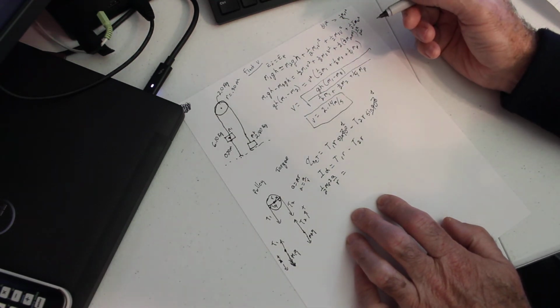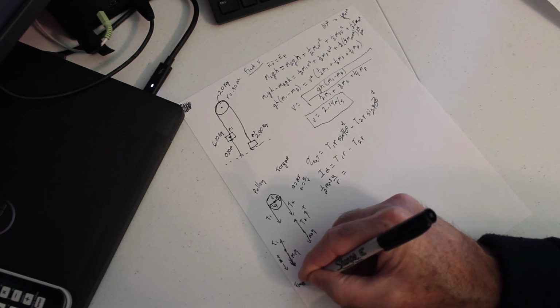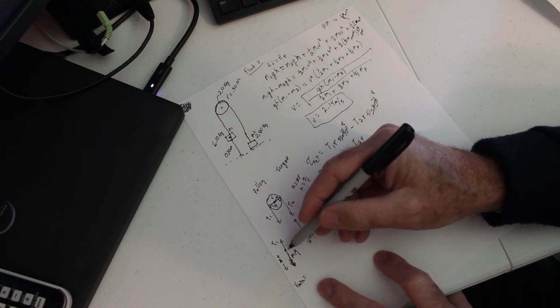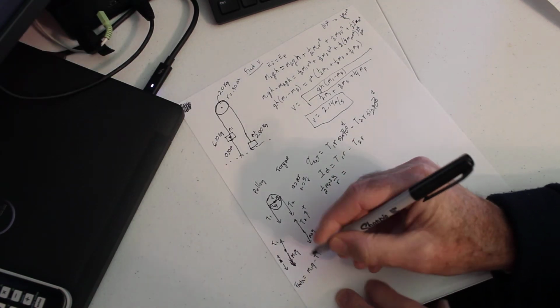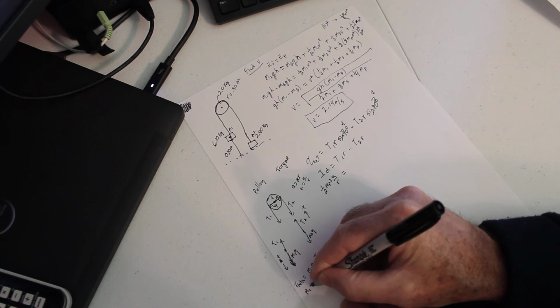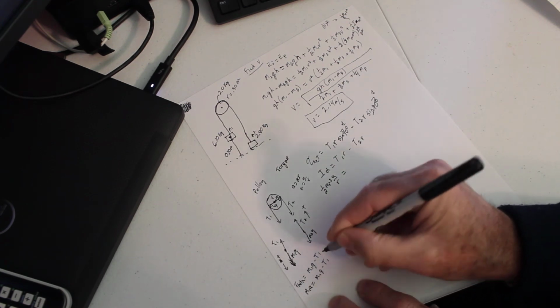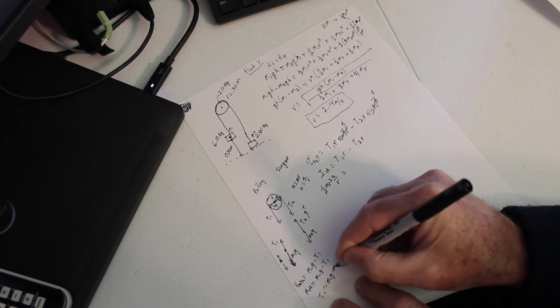And T1, well, for T1 we have to do F net X or Y, you can call it whatever you want. And notice I have positive going down, so this becomes M1G minus T1. And this is accelerating, so M1A is equal to M1G minus T1. I'm going to solve that for T1, so T1 is equal to M1G minus M1A.